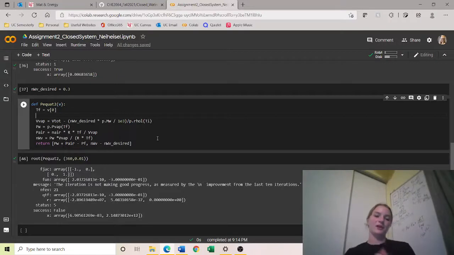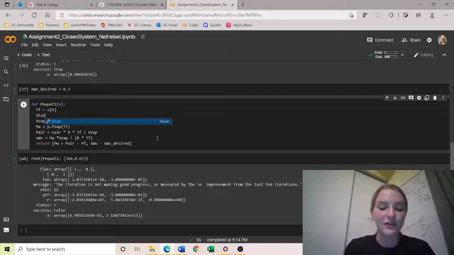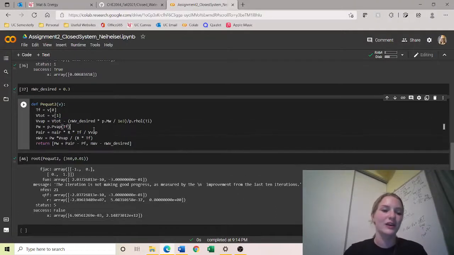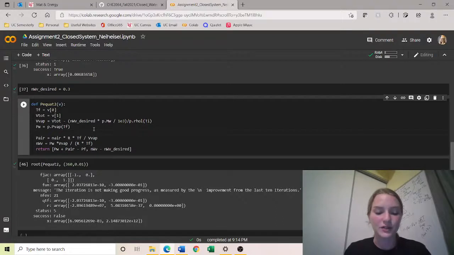Okay, so I've gone back through our code here and realized that we did not initialize our final V total. So we need to have this as a vector of 1. And we also did not put in our n-air equation, so we need to type in our n-air equation here.